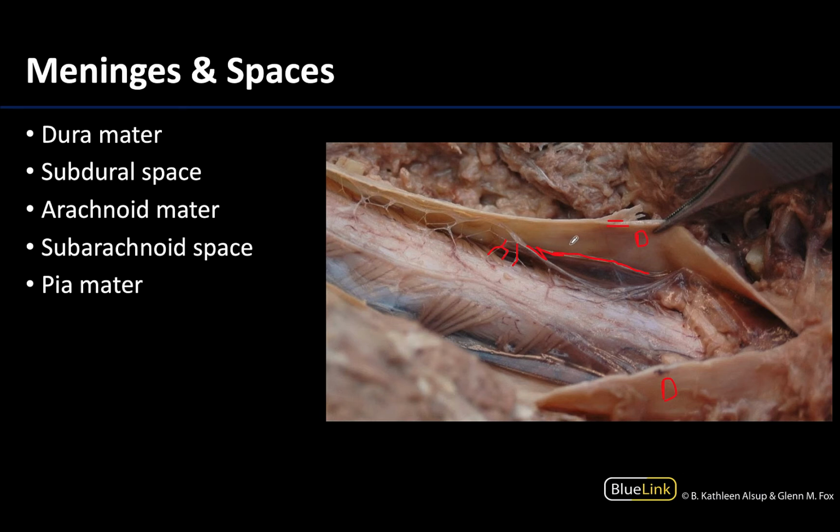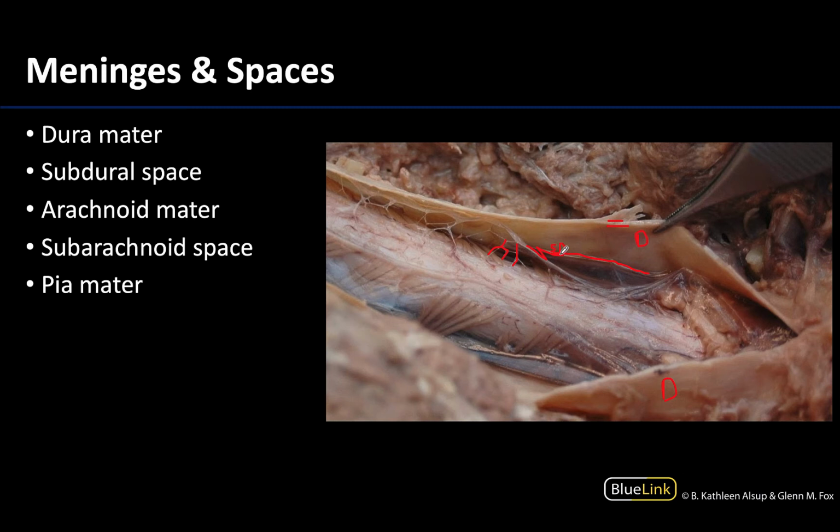And the subdural space would be the space between the arachnoid and the dura mater. All right, so it'd be somewhere right about here-ish. But keep in mind that the subdural space is a potential space, meaning that there really should not be a space between these two structures.